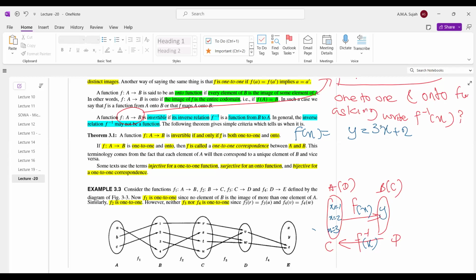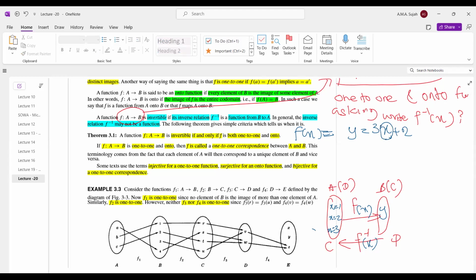So the changeable variable is x. Depending on the value of x, my y will change, meaning my function will change. To get the inverse function, now here, this is the changeable value.